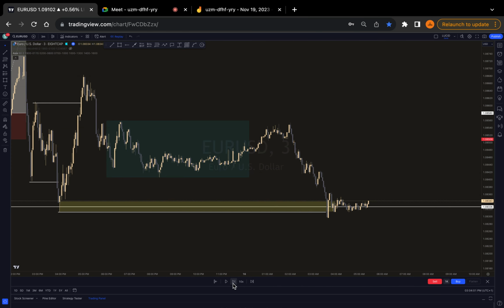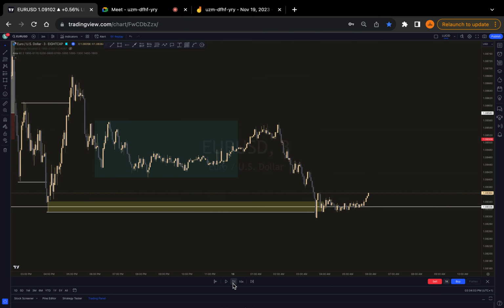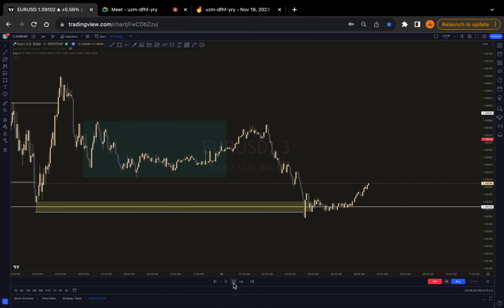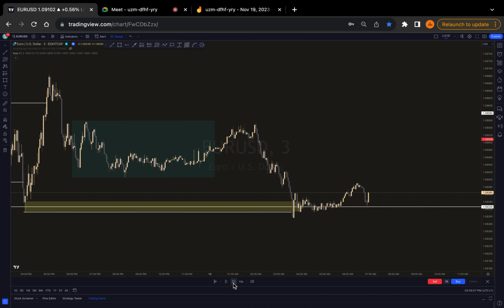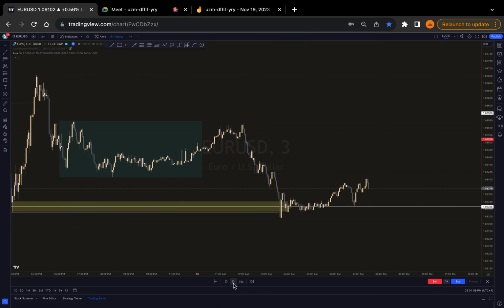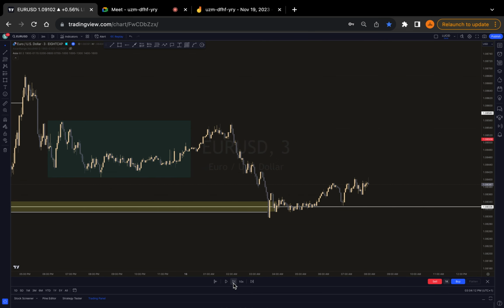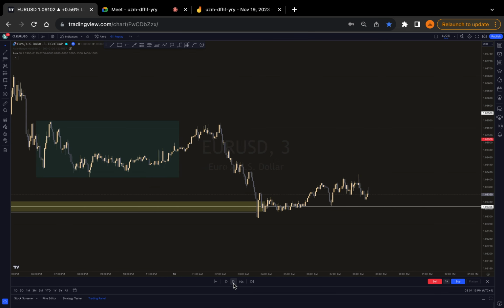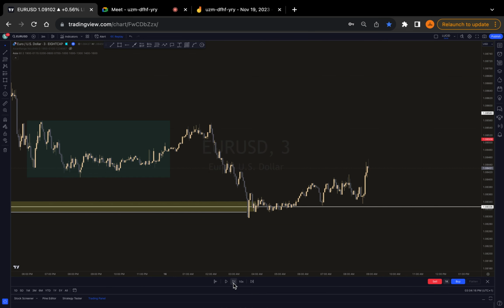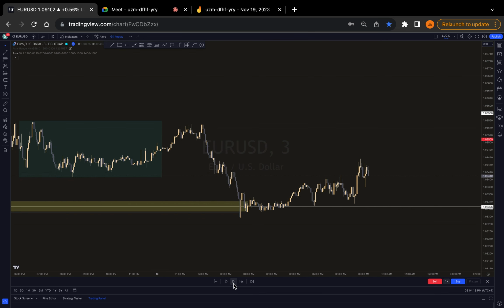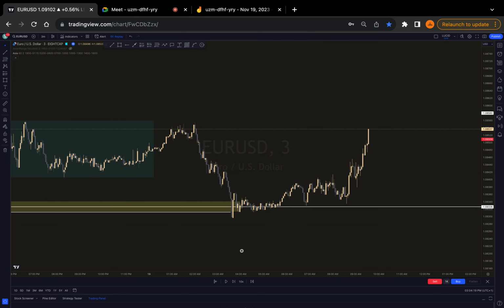So let's watch this market now and what it's doing. This one may come to hit your SL, right? It may not. You get?